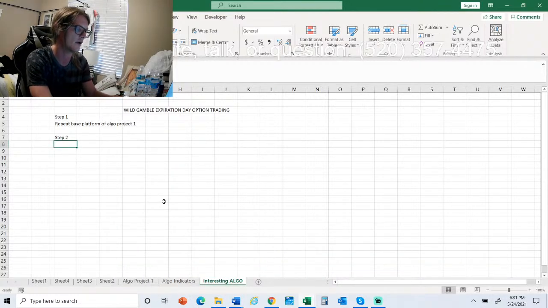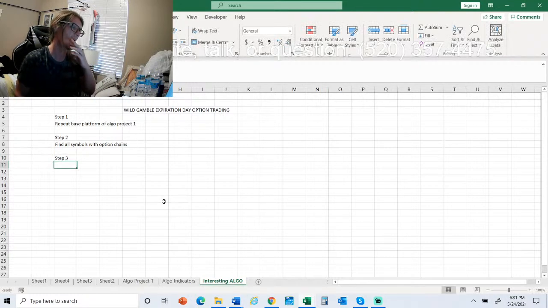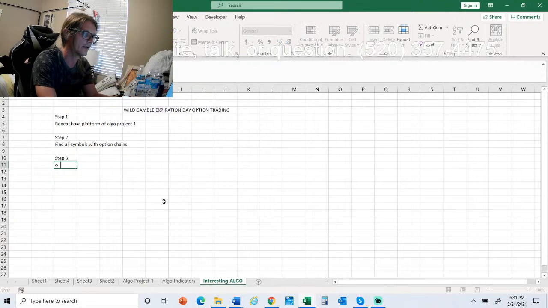Interesting algo. Find all symbols with option chains. Step 3: only use this algo on expiration days.